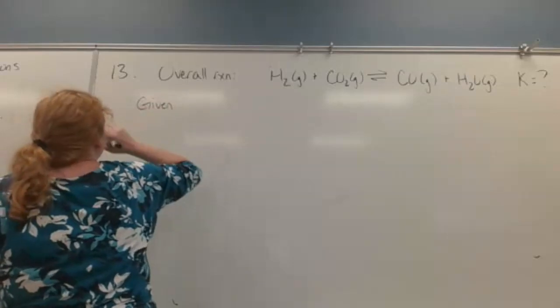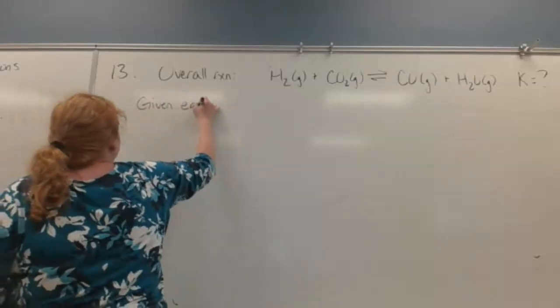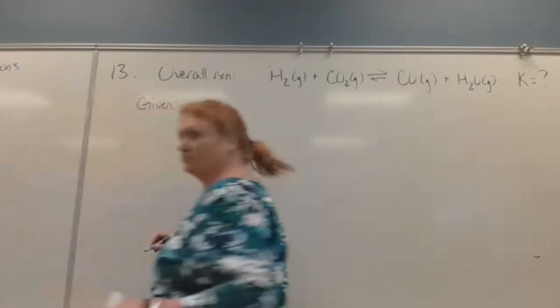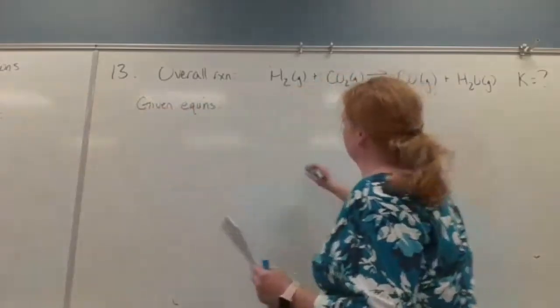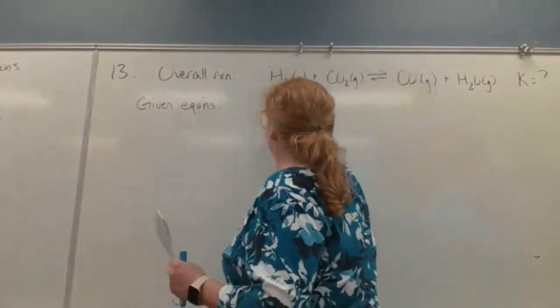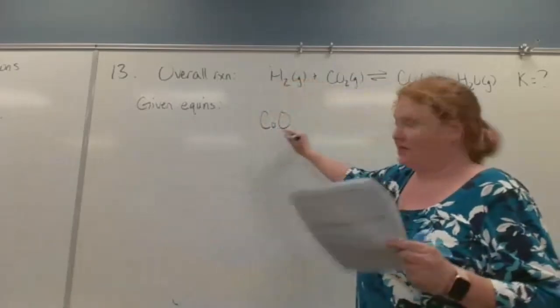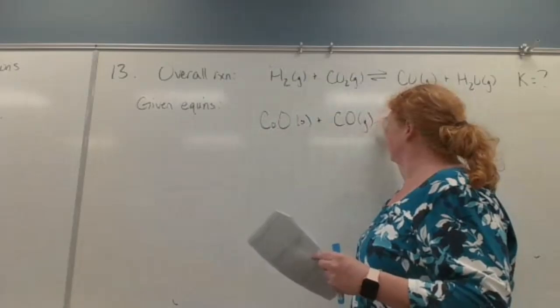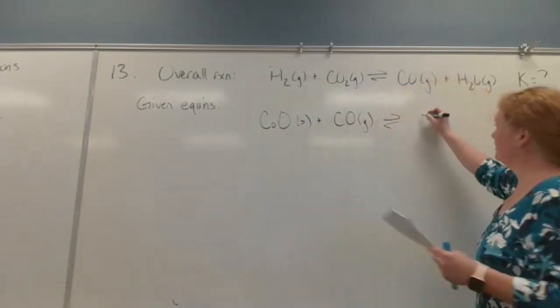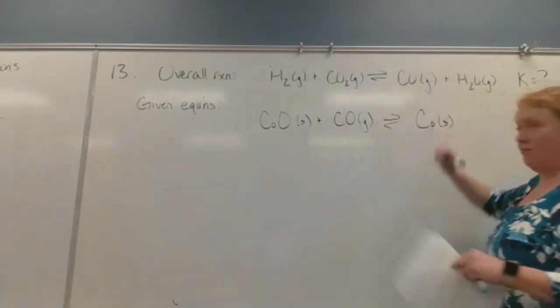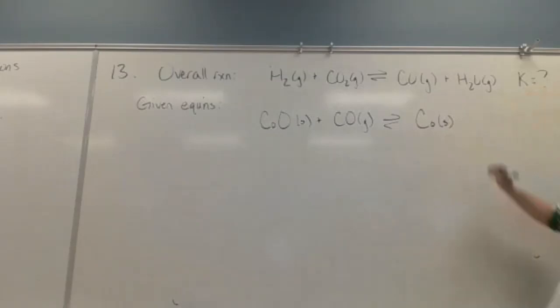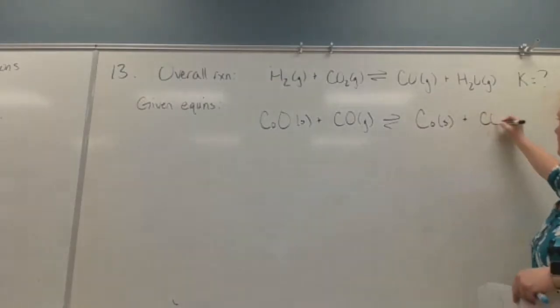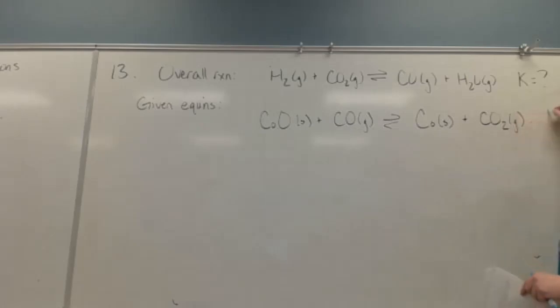Here's two equations you can manipulate. Here's the first one. Cobalt(II) oxide plus carbon monoxide makes just plain old cobalt element plus carbon dioxide. And what am I told? What do I know?